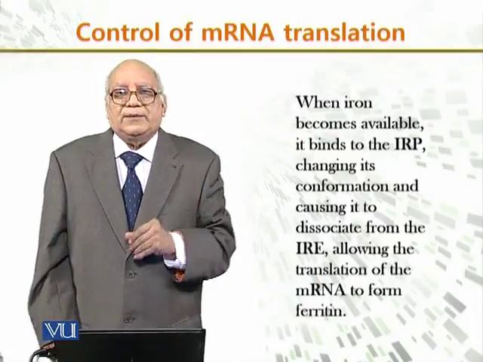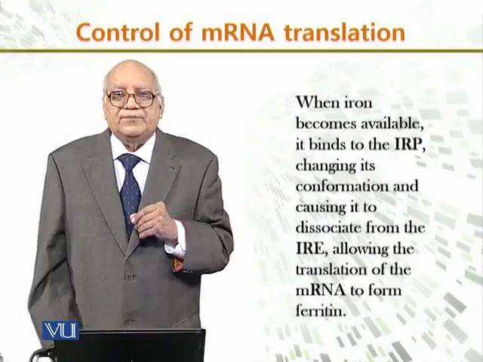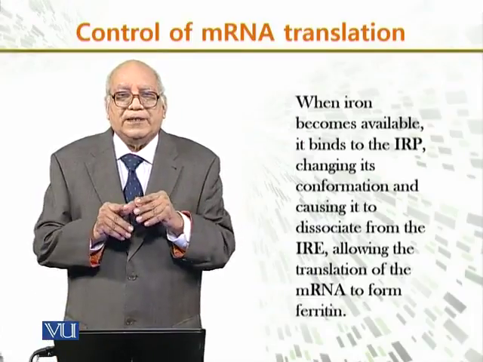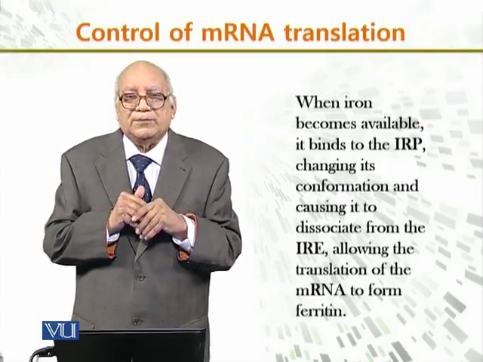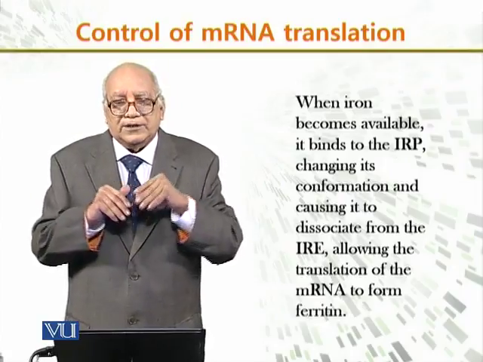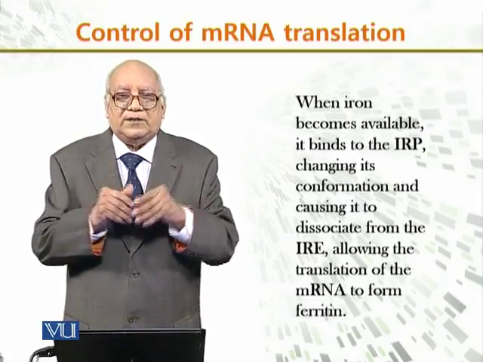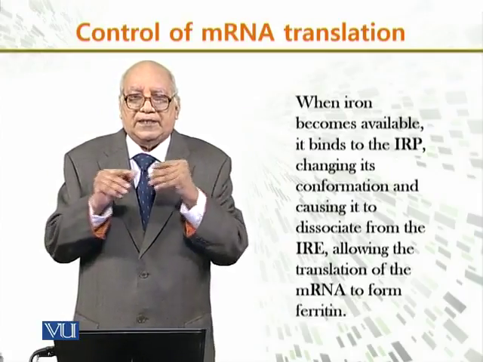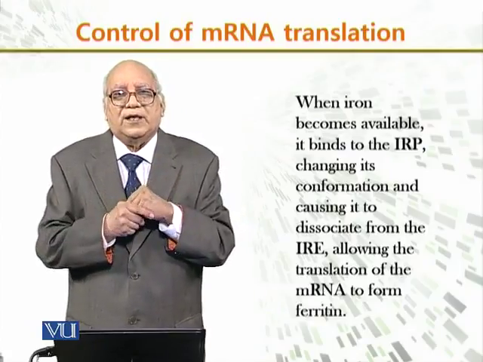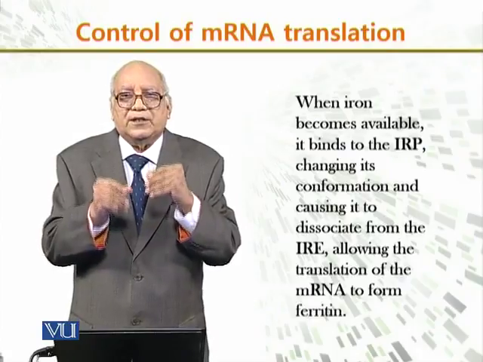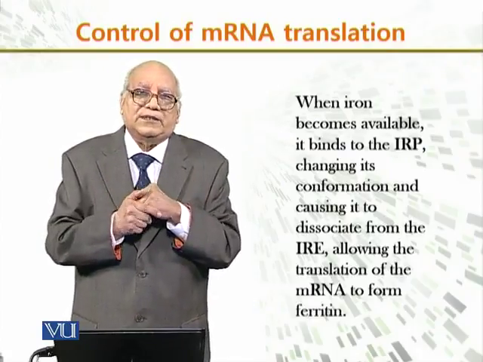So when iron becomes available, it binds to IRP, changing its conformation and causing it to dissociate from the IRE. Once it is dissociated from the IRE, translation of the messenger RNA to form ferritin is allowed. This is how the cell controls ferritin production in response to iron.